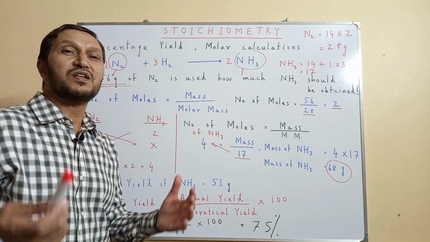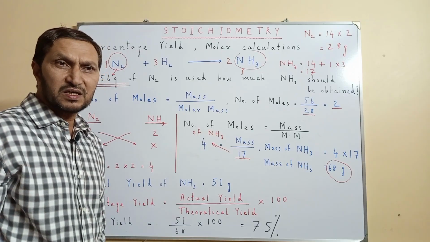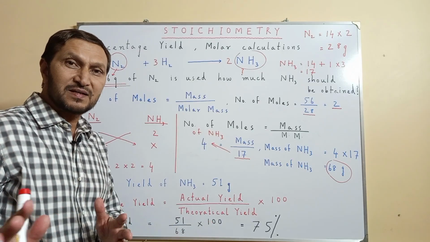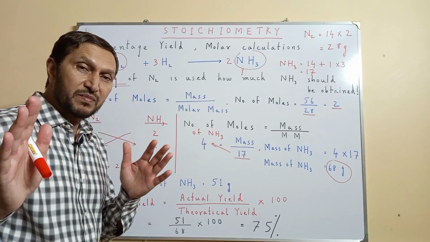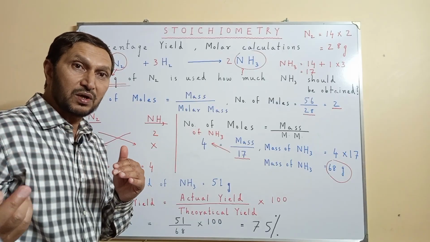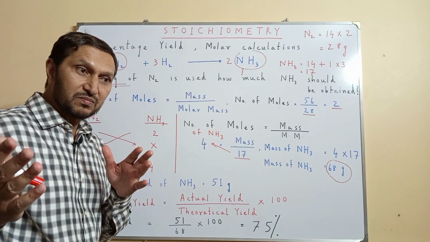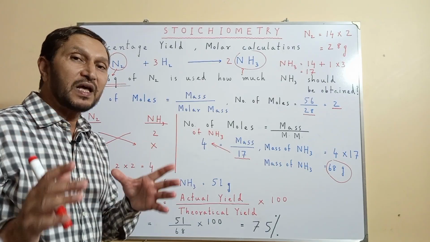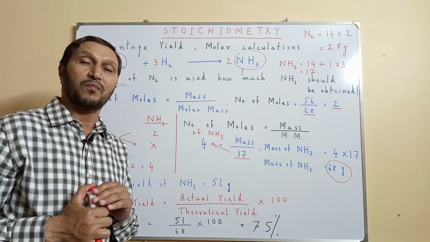Maybe the conditions are not ideal, or no matter how much you try to make the conditions ideal, put in the catalyst, make the temperature perfect as the reaction requires, or keep the pressure according to the requirement, even then all of the reactants will never react together to form product.